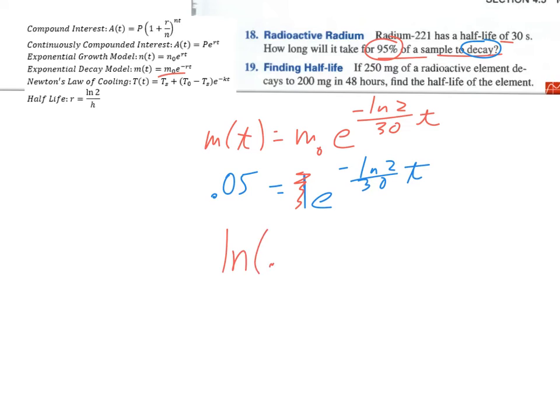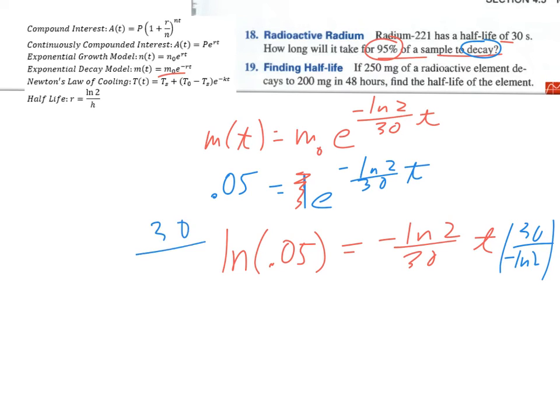So now that I scribble out that 1, I'm actually ready to switch it into log form. So it'll be ln of 0.05 equals negative ln2 over 30 times t. And then I would just multiply both sides by 30 over negative ln2.